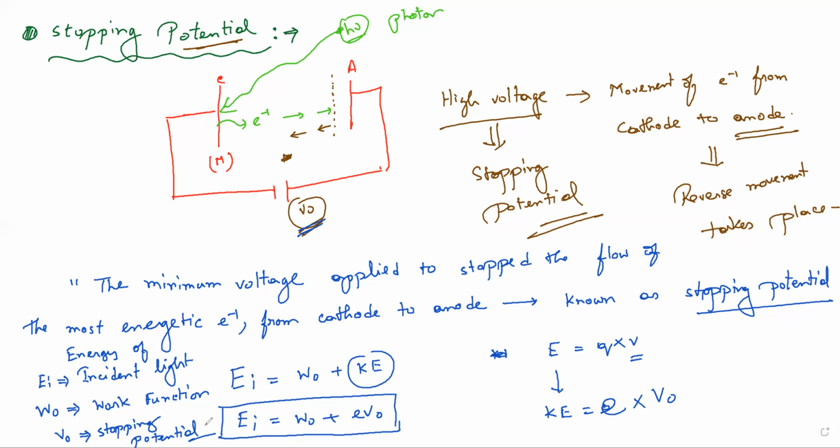Okay, so I'll give you one question, solve it. How can you find out E I? You can easily find it out by h c by lambda. Lambda value is given to you. The question is: a metal having work function 2.1 electron volt, and lambda value given is 300 nanometer.